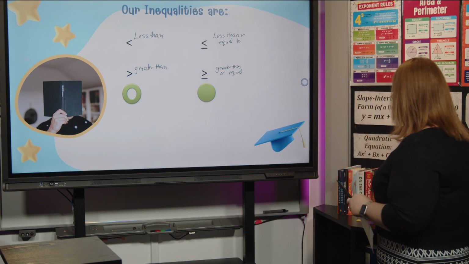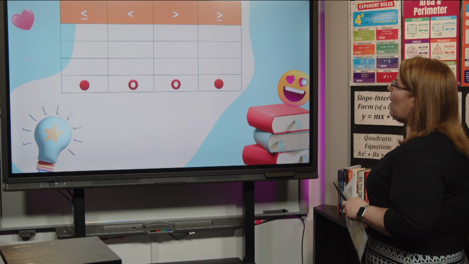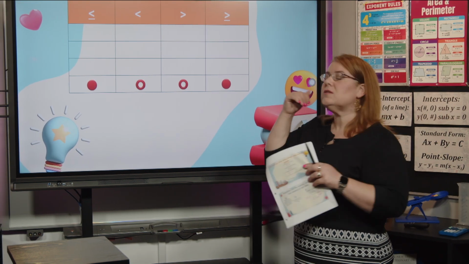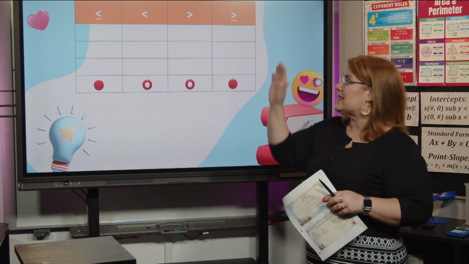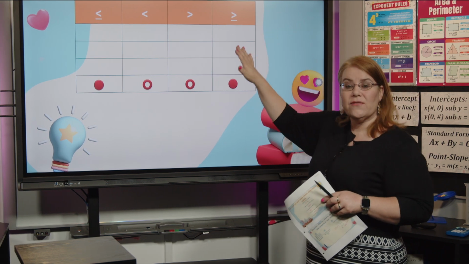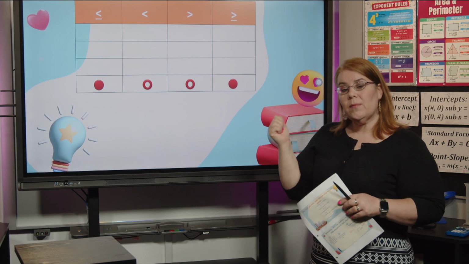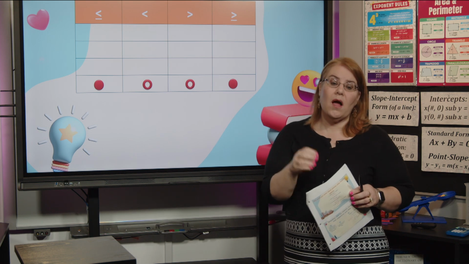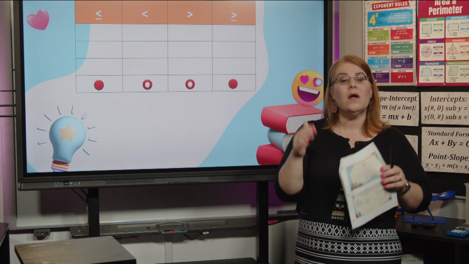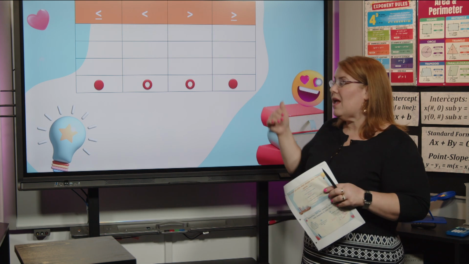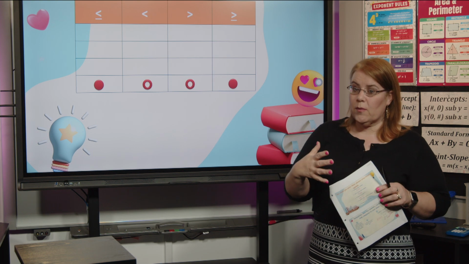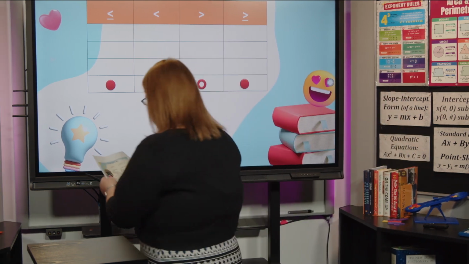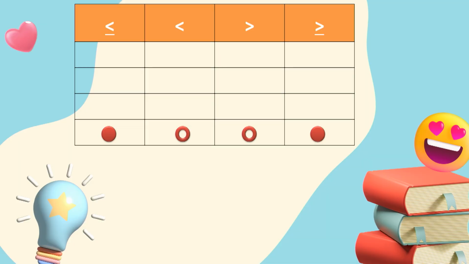Good job. All right, so now I want us to look at some more words, some more phrases that can mean these different inequality symbols. I'm going to put them on the board. You need to either put them on that inequalities notes page or a page that you're keeping these words and phrases because they're very important. So here we go. The first one I have is my less than or equal to.